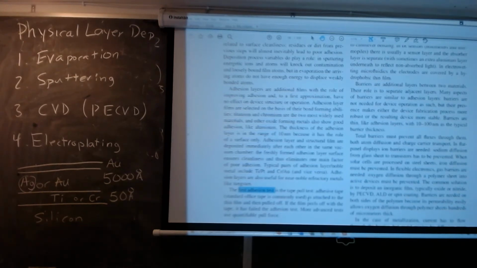If you're interested in how well your thin film material is sticking to the substrate, you can take Scotch tape, adhesive tape, put it down on the surface of the thin film and pull on it relative to the substrate and see if it comes up.